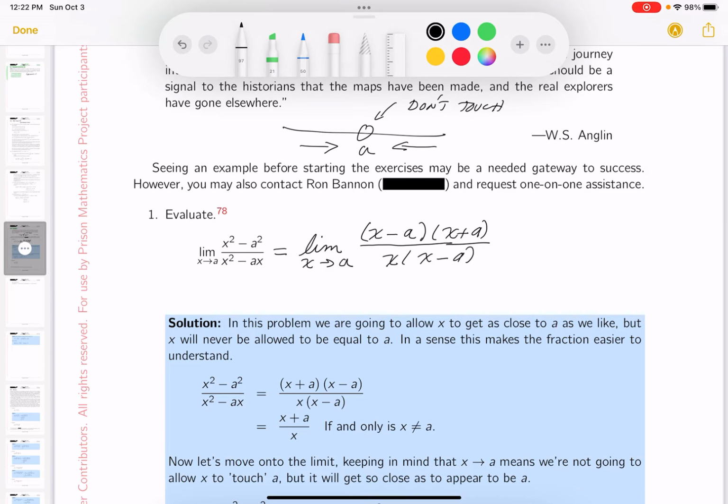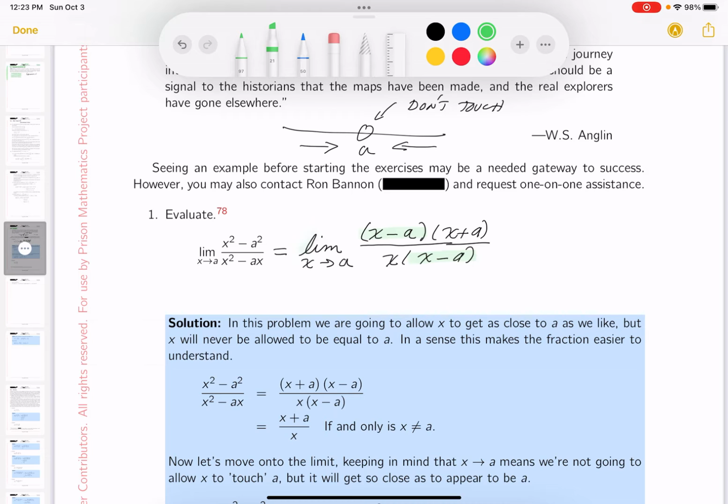Well, the deal about this is if x is not going to touch a, what do I know? I'll tell you what I know. If x is not touching a, this thing here would never equal 0. And this thing here would never equal 0. The only way for that to occur is if x is equal to a.